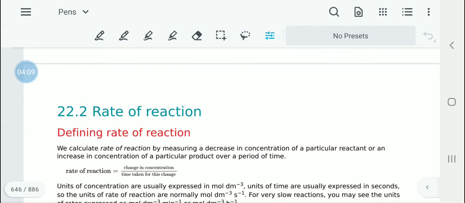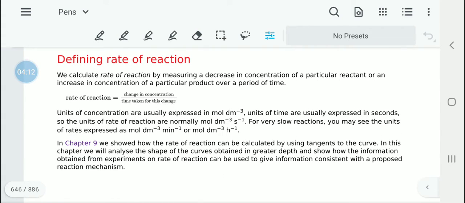The rate of a reaction can be defined as the rate at which the concentration of a particular reactant is decreased, or the concentration of a product increased over a period of time. So write down the equation: rate of reaction equals change in concentration upon time taken for this change.